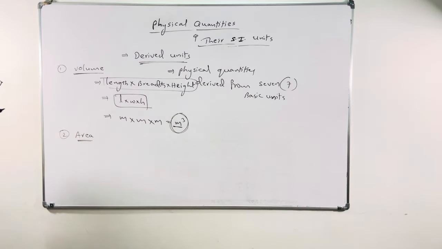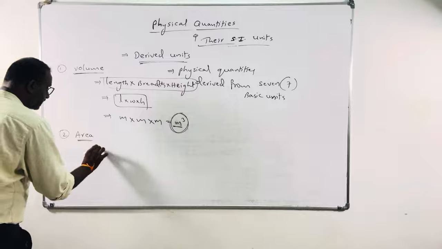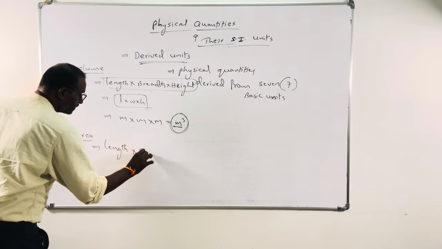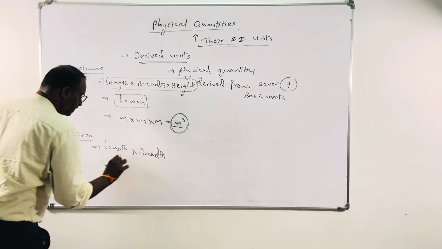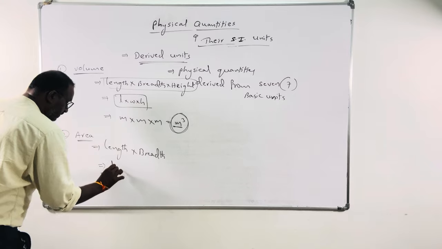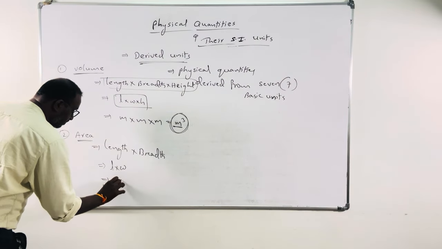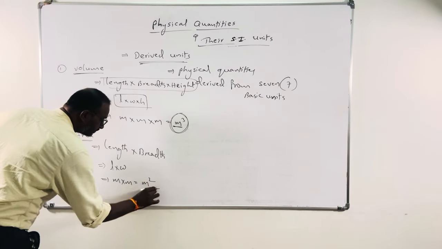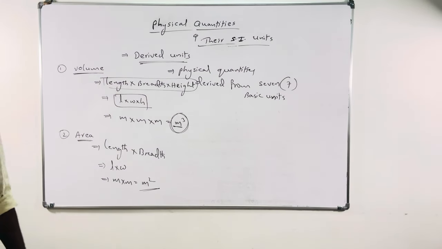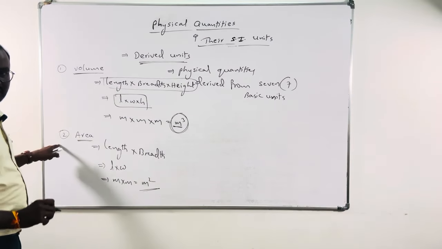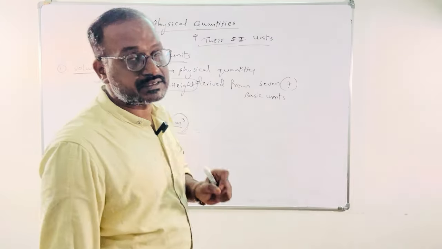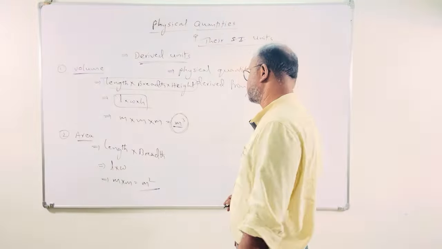Length is a fundamental unit, a basic unit, but area is calculated by the formula we know, length into breadth, that is L into W. The units meter into meter equal to meter square will be used to identify area. It is a 2-dimensional size. Volume is a 3-dimensional size of the substance. Length is a 1-dimensional size.